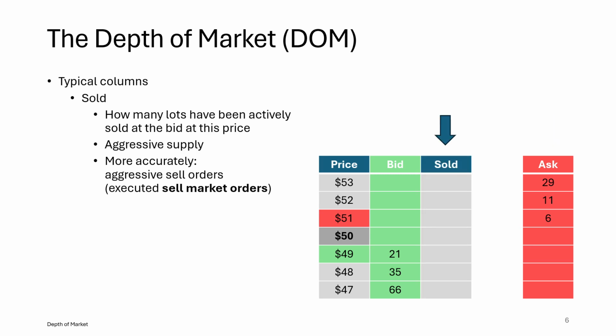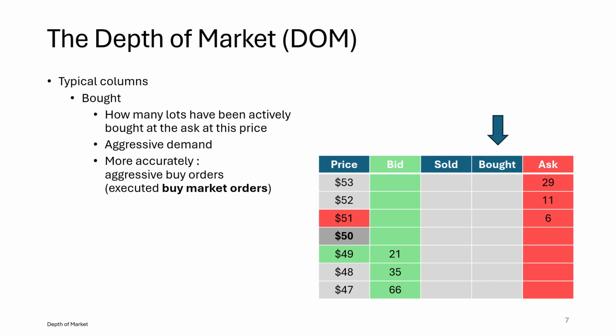The next column is typically the sold column. In the sold column, you see how many lots have actually already been actively sold at the bid at this price. So basically it tells you how many people have pressed the button sell market at any given price level. We can therefore also call this aggressive supply, or more accurately, aggressive sell orders or executed sell market orders, because it basically shows you a history, a transaction history of all the previously executed sell market orders at every single price level.